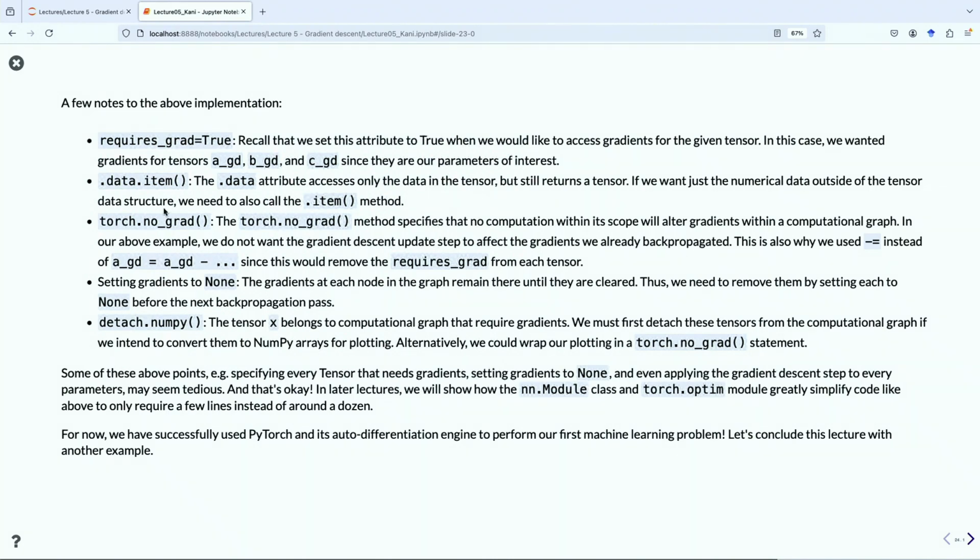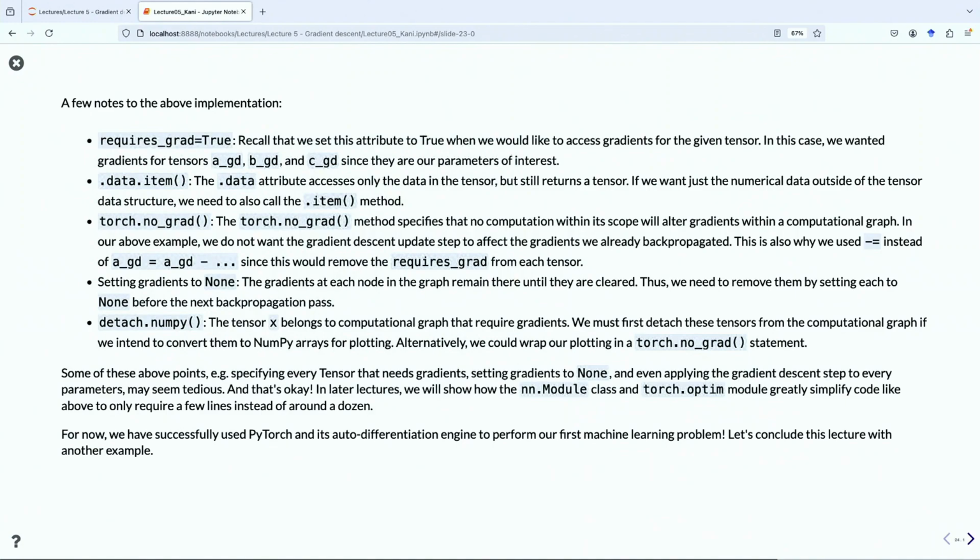And then there's a couple of little things. .data.item gives you access to the actual value in the tensor, not the tensor itself. Some of these are necessary from a technical sense, but the reason why is to avoid certain outlier cases.